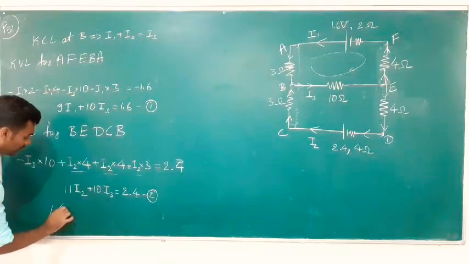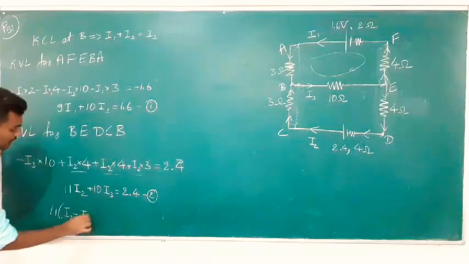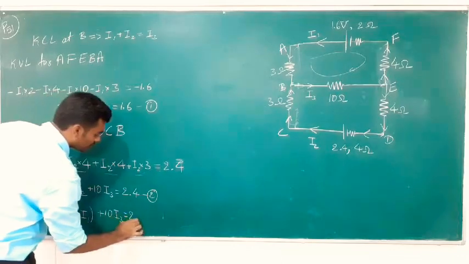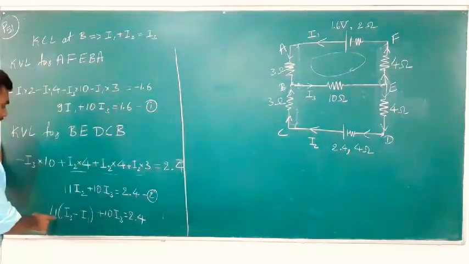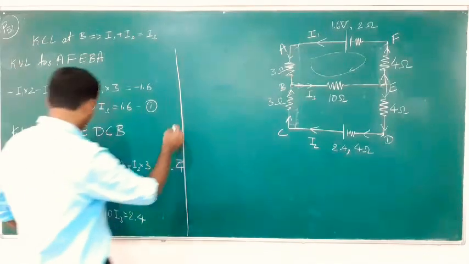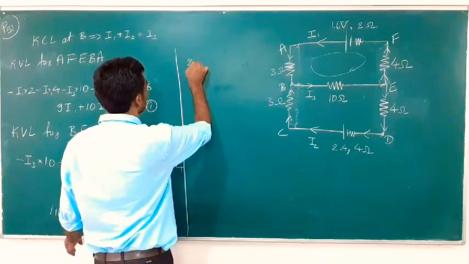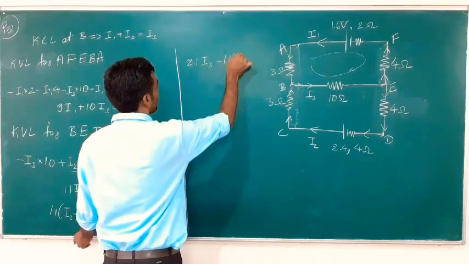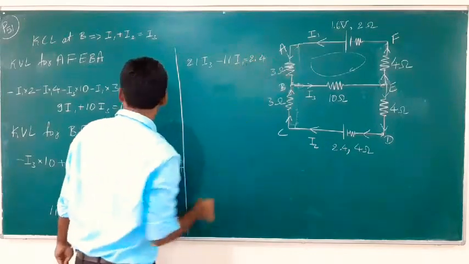So it is 11 times I3 minus I1, okay, plus 10 I3 is equal to 2.4. 11 I3 plus 10 I3, which is 21 I3, okay, 21 I3 minus 11 I1 is equal to 2.4.